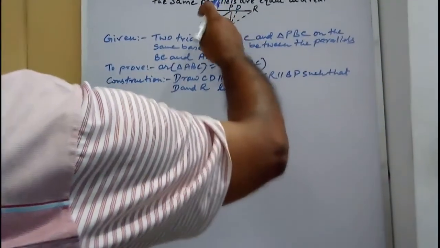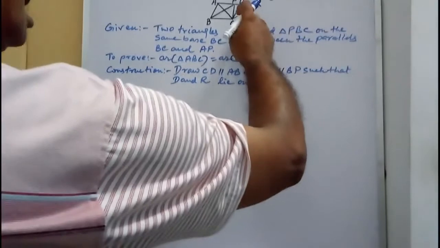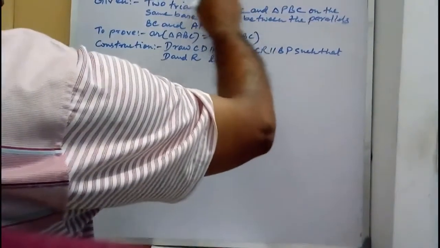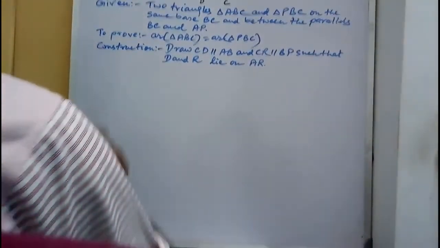Draw CD parallel to AB and CR parallel to BP such that D and R lie on AR. So prove.